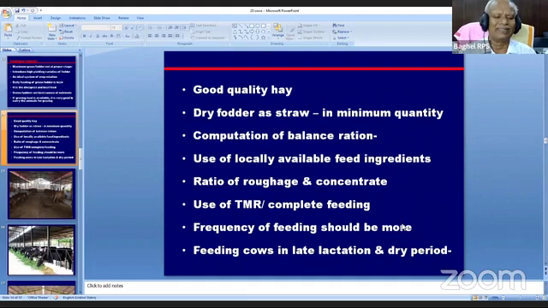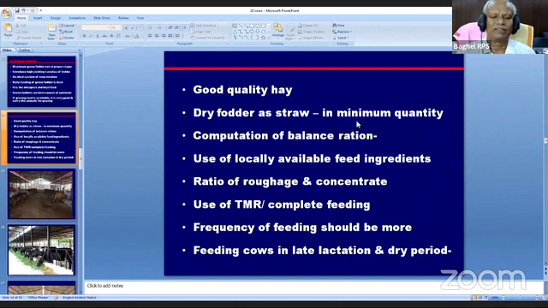Now, besides the green fodder, good quality hay is also very important, because you are going to feed your animal the green fodder, the dry fodder, and the concentrate. The dry fodder is straw. Wheat straw is the best example. It is available in our country, no doubt, in maximum quantity.